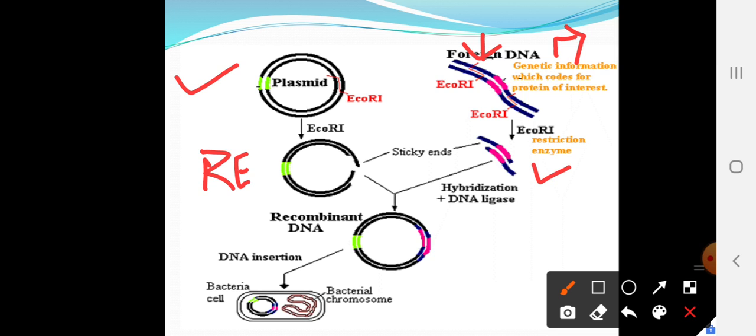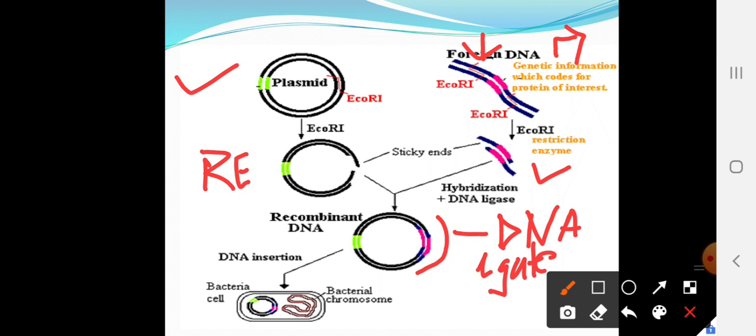By cleaving both the plasmid and the gene of interest, we will ligate or join them with the help of DNA ligase enzyme, which will join the two DNA molecules.